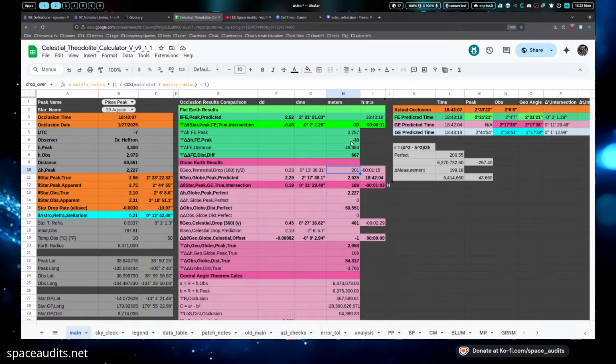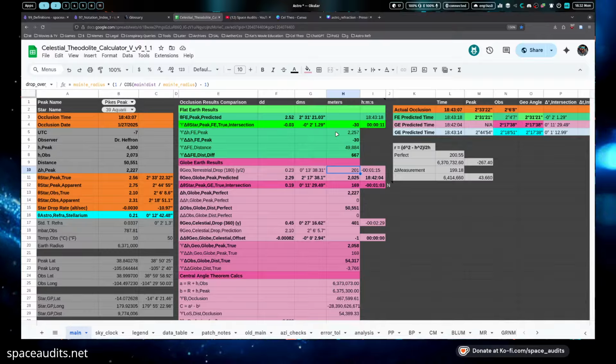The elevation that we derive when we go to derive elevations based off of the occlusion timings per our predictions comes out to be 30 meters off, and for the globe, they end up being 169 meters off. If you add those together, that's the drop over distance for that. So completely independently, mathematically, we're tied to the same figure.